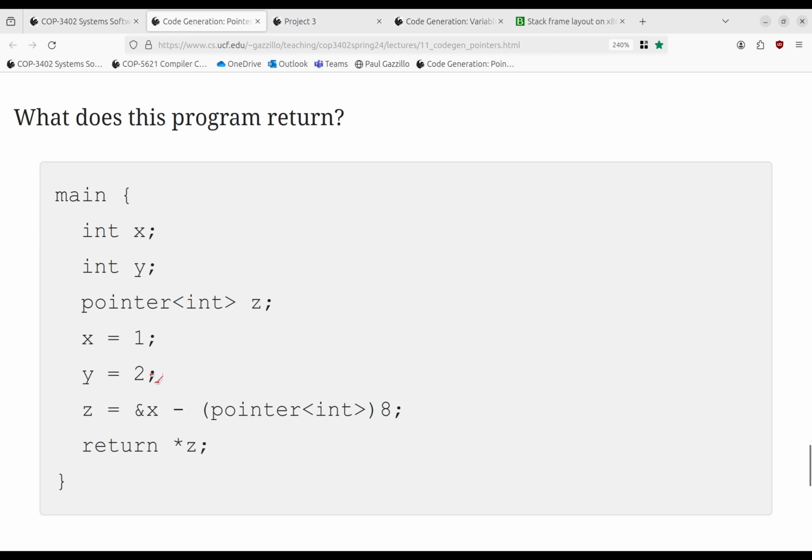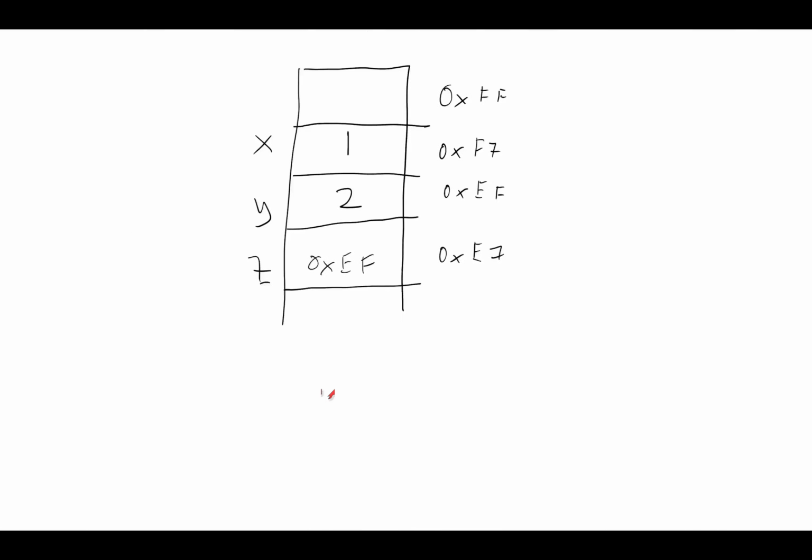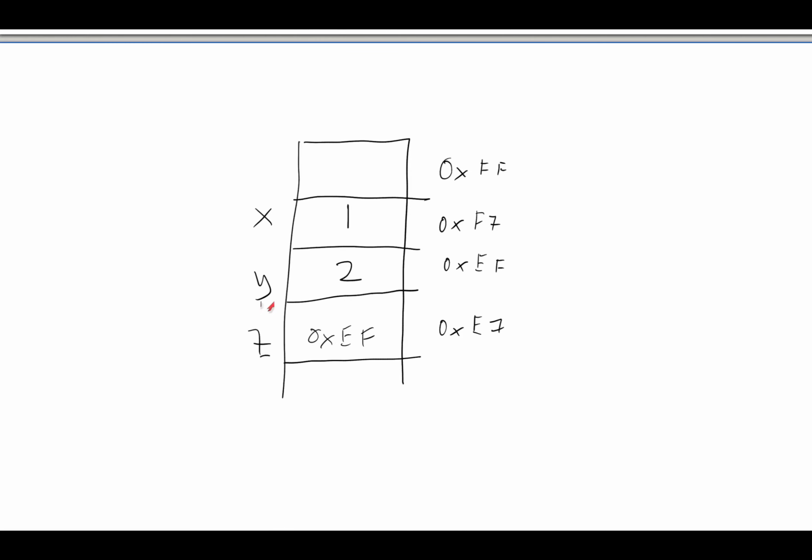And because Y was stored right after X, and we subtract 8 from the memory location, we move down to the next element in the stack frame, which is the entry associated with Y.